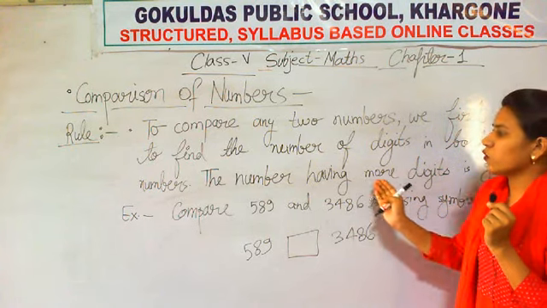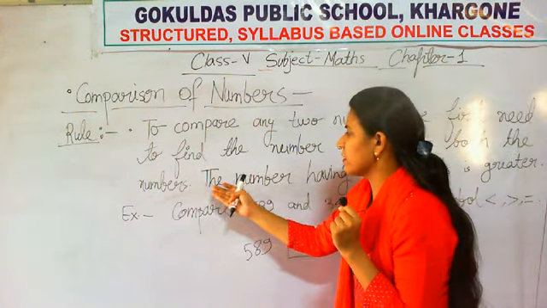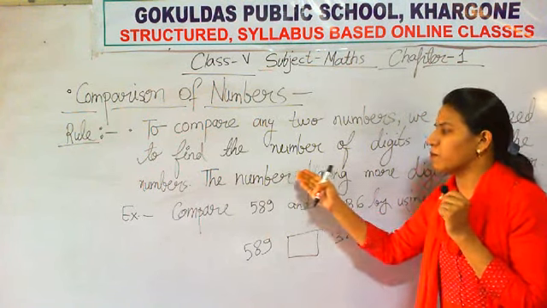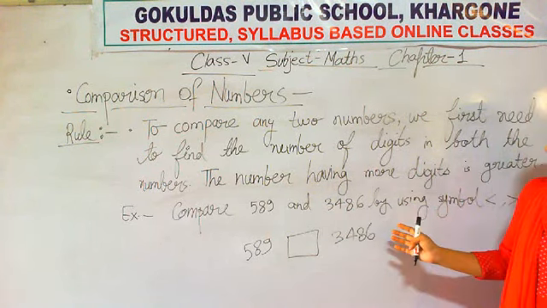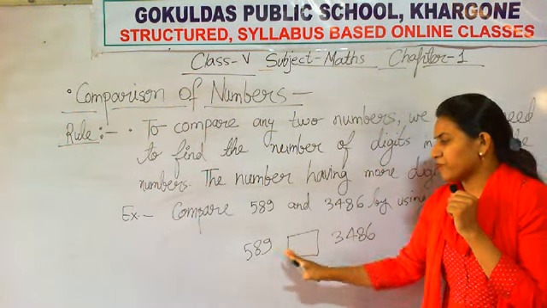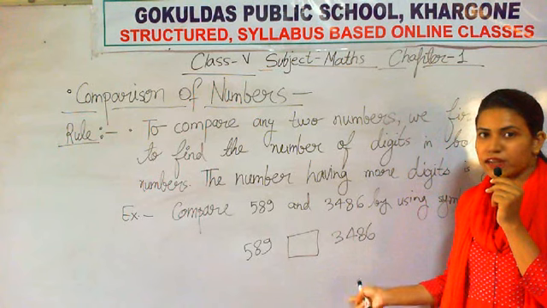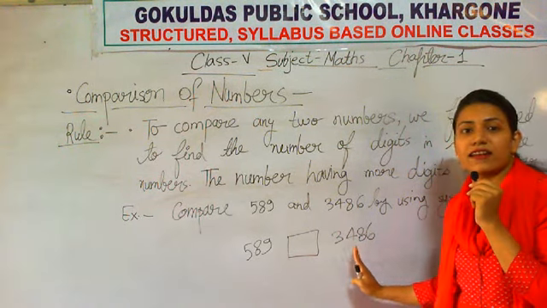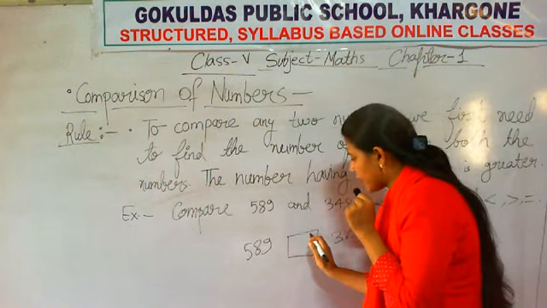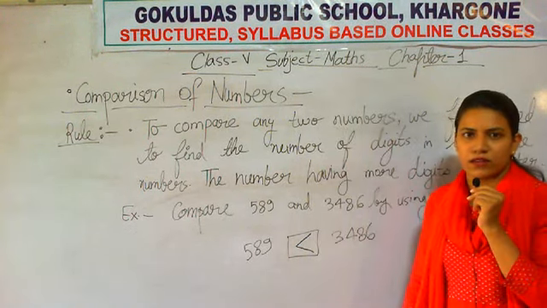The number having more digits is greater. So the number written at the right side has more digits, and this number will be greater according to our rule.